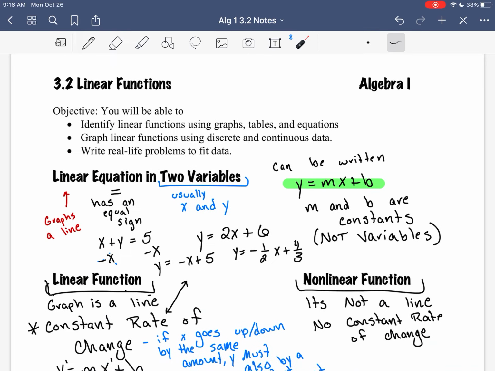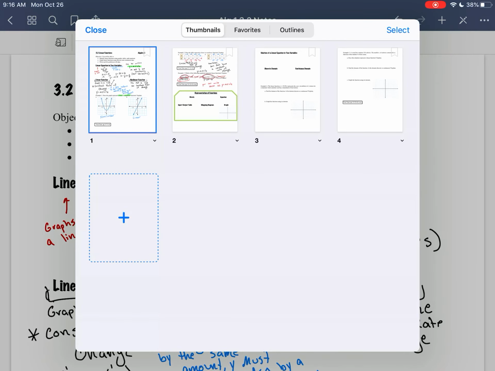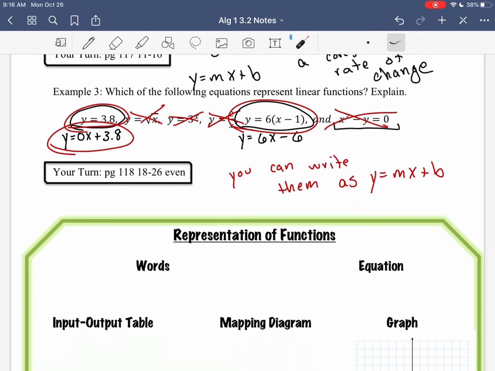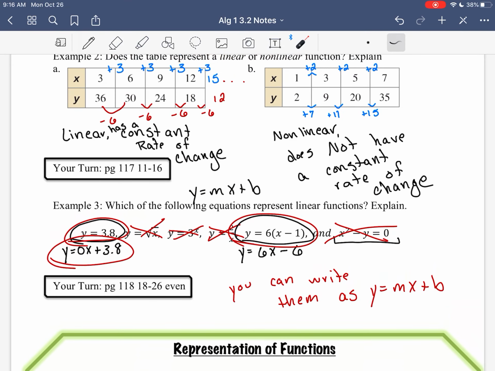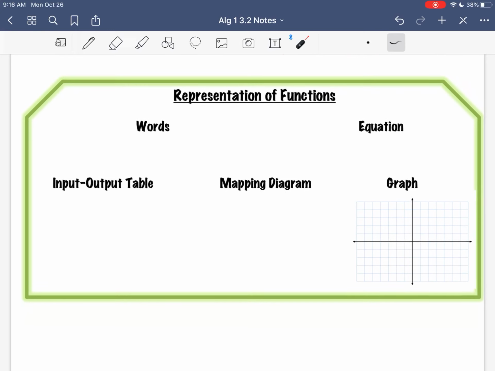All right, so we ended up here representing linear functions from the equation, and that leads us to different ways to represent functions. Functions can be represented in a lot of different ways. First, we can represent it using words.